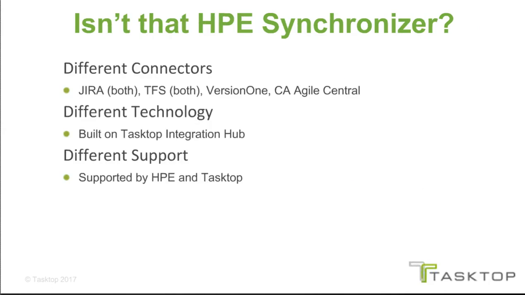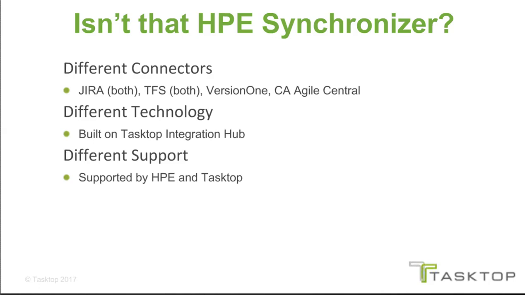So some of you are probably wondering, isn't that basically just HPE Synchronizer? There are a couple of key differences here. First of all, it's going to be different connectors or different integrations. HPE Synchronizer and Octane IO both support integrations with Jira and TFS, but Octane IO also includes Version One and CA Agile Central.